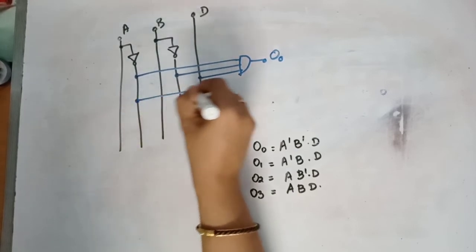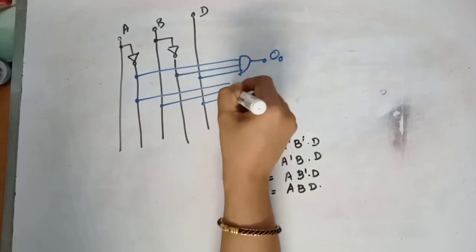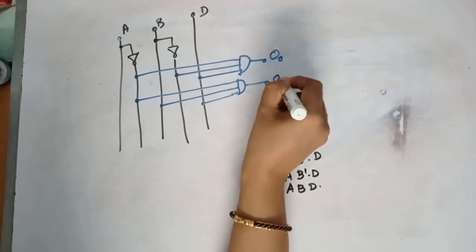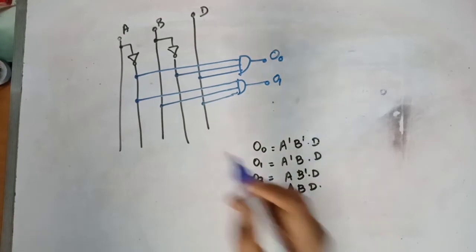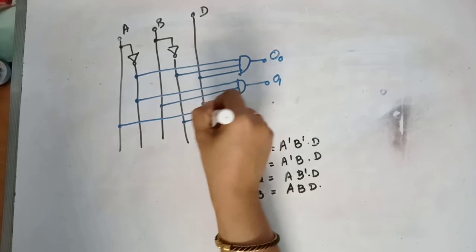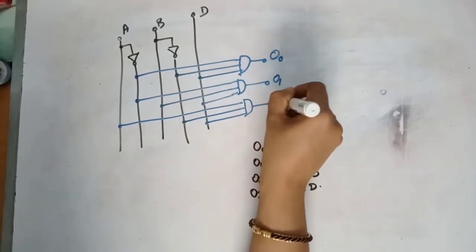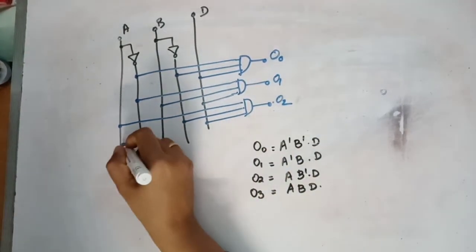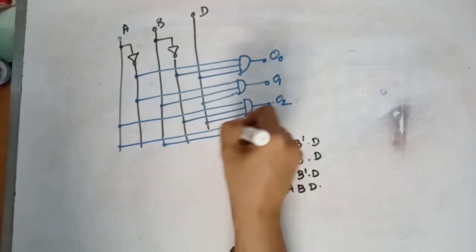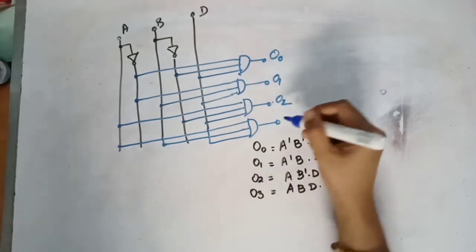A bar, B, D. This is O1. O2 is A, B bar, D. And O3 is A, B, D. This is O3.